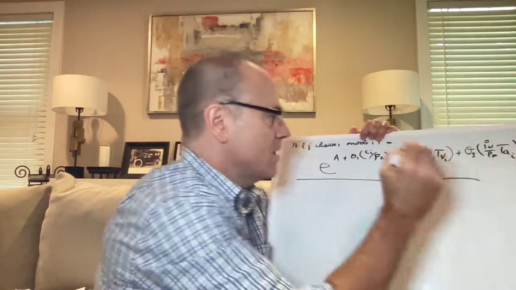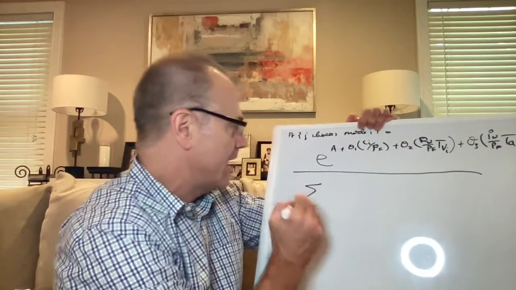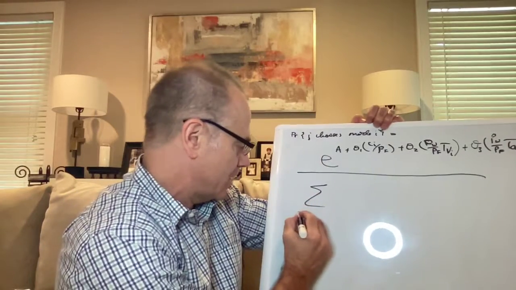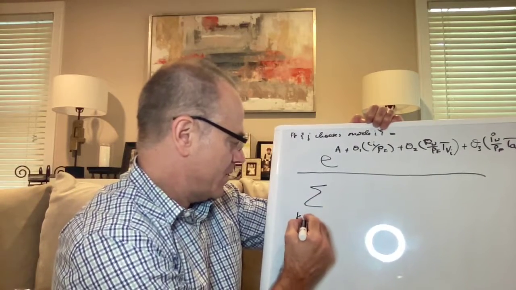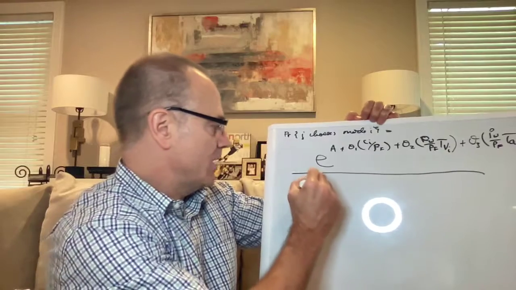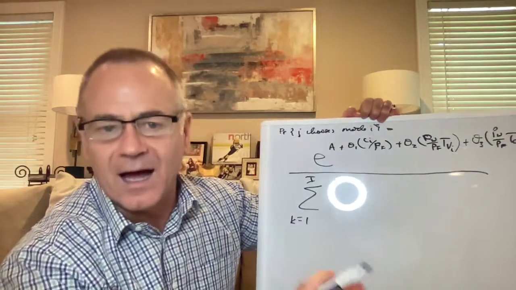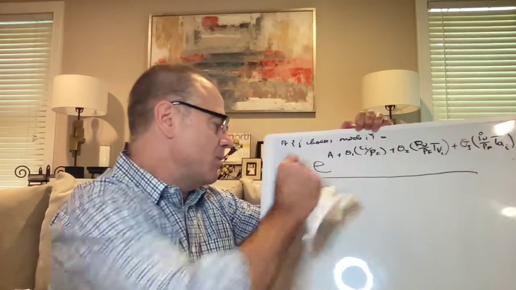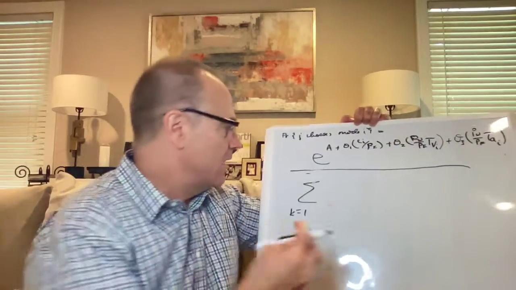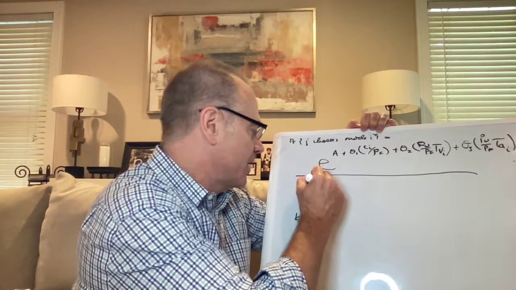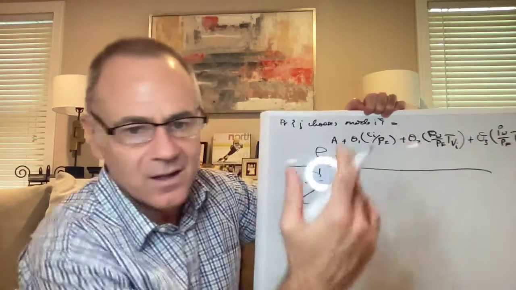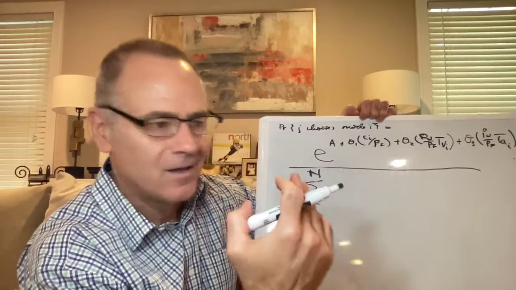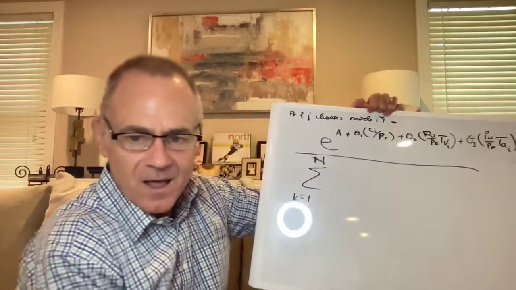Okay, so it's that divided by the sum over, let K equal 1 to, let's call it N. There are N modes of transportation, and I think in the actual surveys that McFadden ran, there was something like 6. Car, BART, cab, bike, bus. Okay.